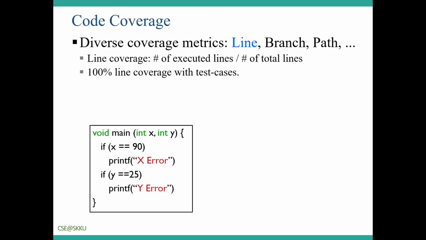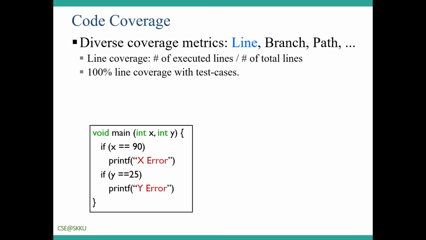In the code shown here, the test case consists of a pair of integer values x and y. So here's a quick quiz. What's the minimum number of test cases needed to cover all 6 lines of this code, and what specific values should that test case include?